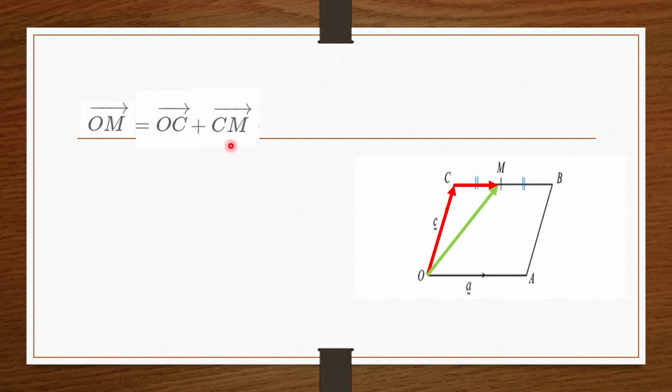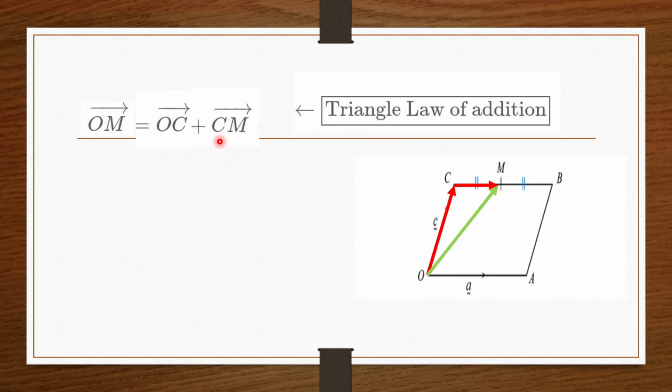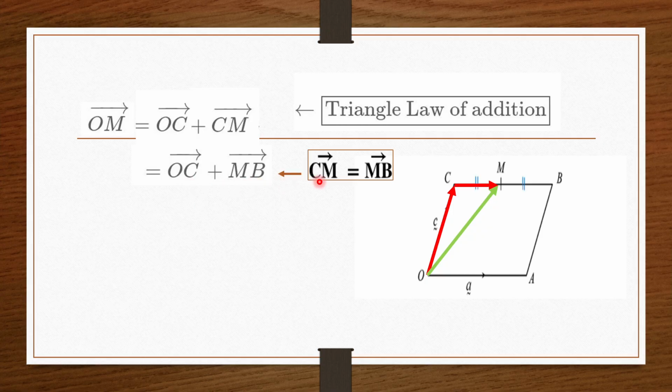Now, see the equation written. OM equals OC plus CM. The middle letter C has to be the same if you are using the triangle law of addition. Here, CM equals MB.